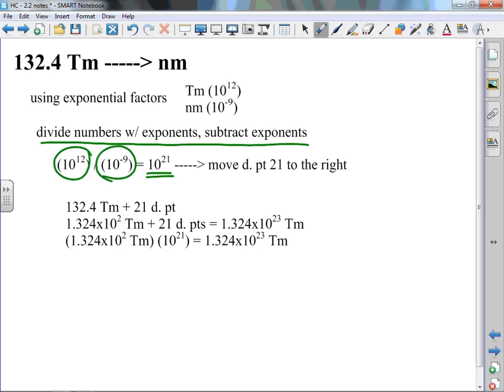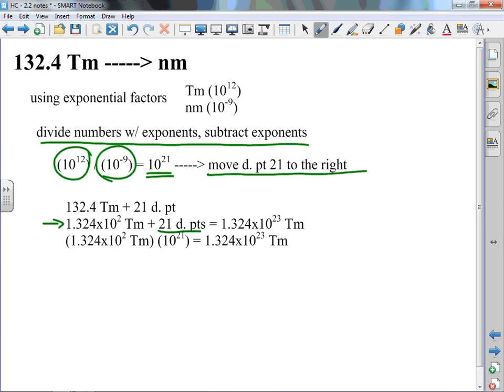So what do we end up doing? We actually move the decimal point 21 places to the right. So we have 132.4 terameters, and we're going to move 21 decimal places to the right. So 1.324 times 10 to the second power, 132.4, add 21 decimal places to it, and it becomes 1.324 times 10 to the 23rd.